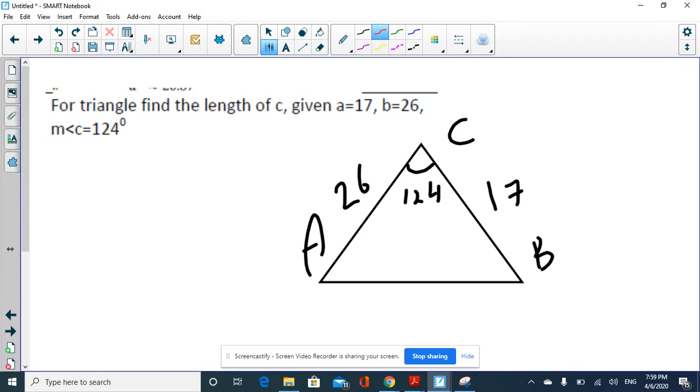Now which rule are we going to use? The cosine rule, because we have the included angle and two sides, and we're looking for the length of c.